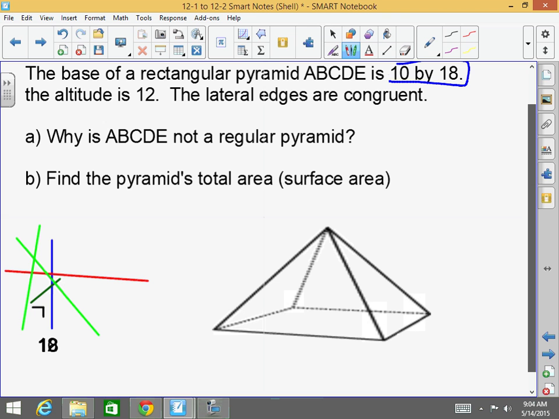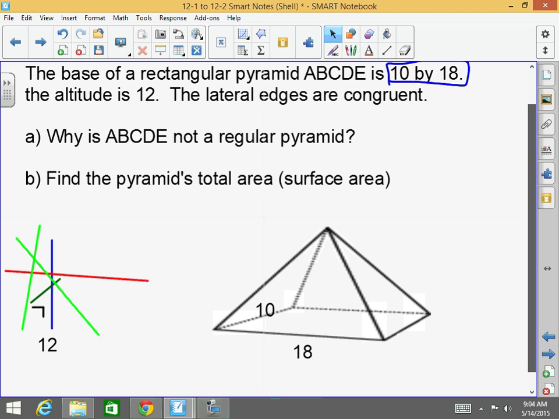The base is 10 by 18. Is that a regular polygon? No. Why is it not regular? Because the sides are not equal. So what's happening here? This side is 18. This side is 10. It says my altitude is 12.